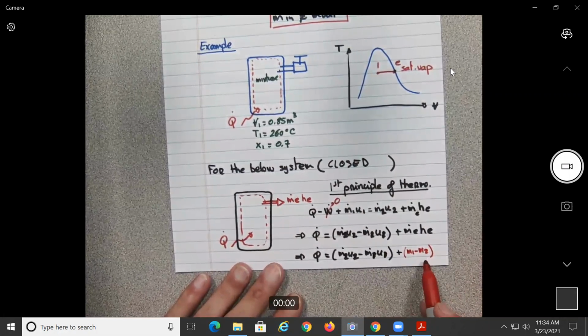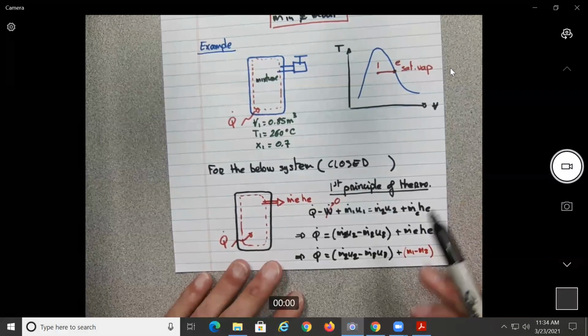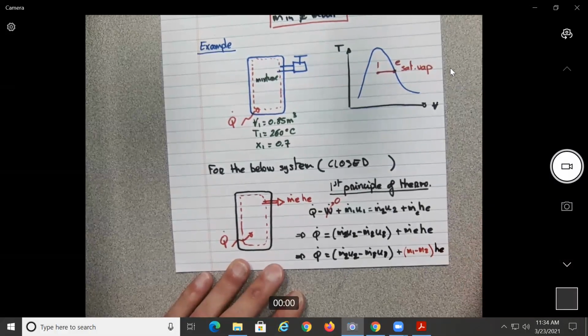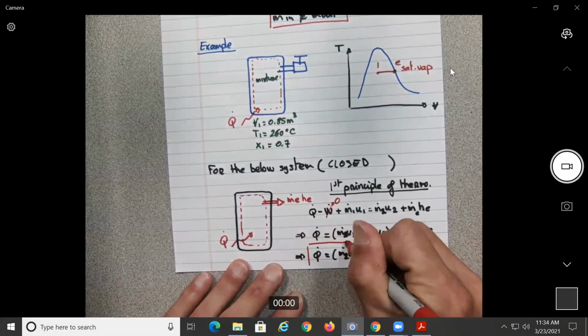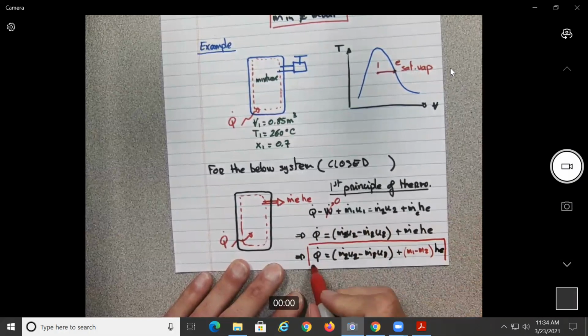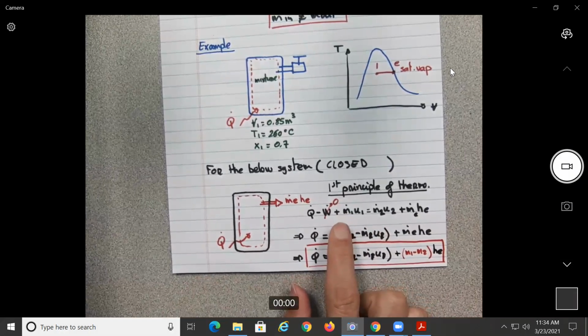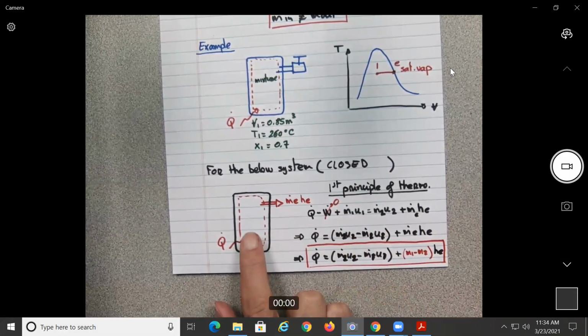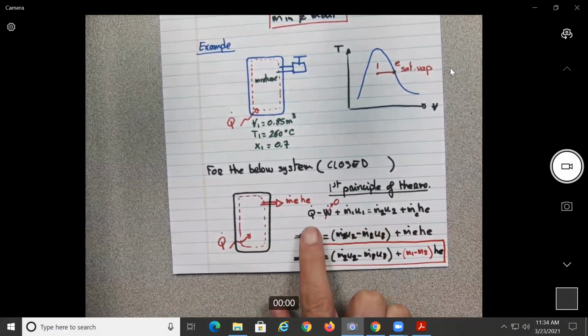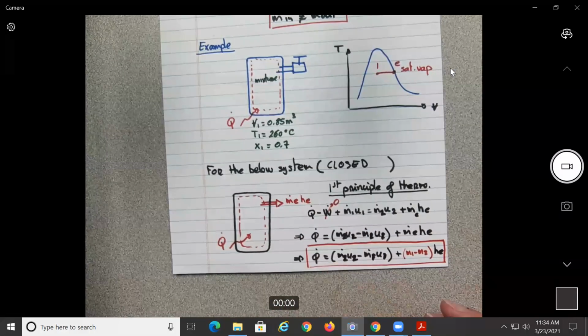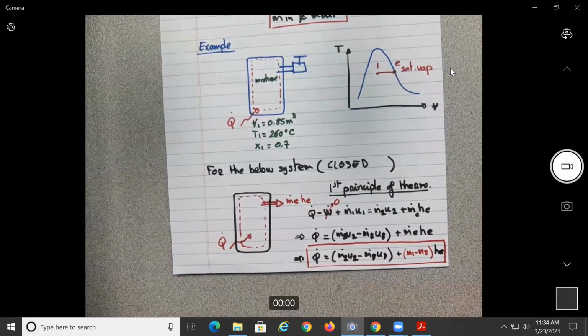So it should be the initial minus the final is whatever is leaving, and this should be the H sub E. So again, what makes this problem a bit complicated is that you mix the first principle of thermodynamics, but you rewrite the first principle of thermodynamics for a closed system in function of time instead of not having the dot. That's no difference. So now, okay, what do we need to find? We need to find the values for the U's, okay, and for M1.